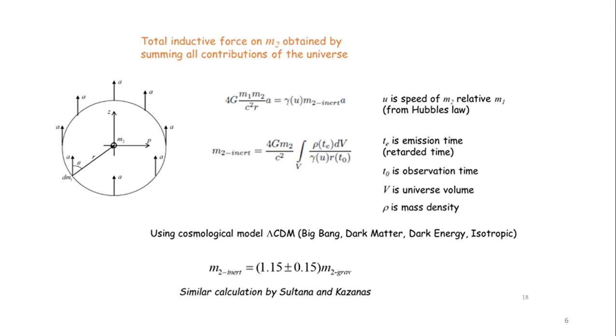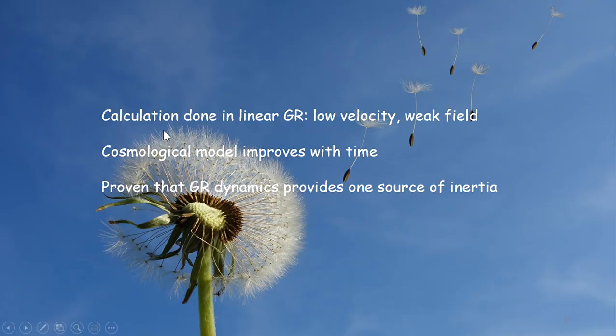So, conclusions: the weakness is the low velocity approximation. We may in future improve the cosmological model, and this is a nice proof, maybe not of the equivalence principle due to the uncertainties, but that there is no doubt that general relativity dynamics provides a source to mechanical inertia through the inductive force.